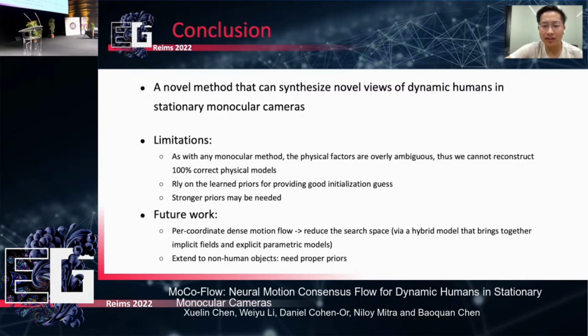Thus, we cannot guarantee the correctness of physical models, and our model relies on the NeRF priors for providing a good initialization guess. It would also be an interesting direction to explore how the proposed method can be extended to general objects if given proper priors. Nevertheless, with the rapid advances in learning human priors, we believe that the above issues will be alleviated by stronger priors.